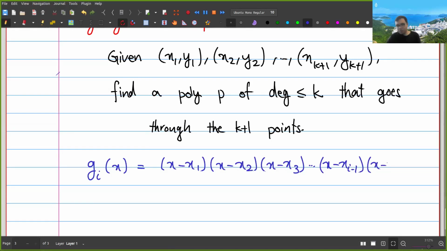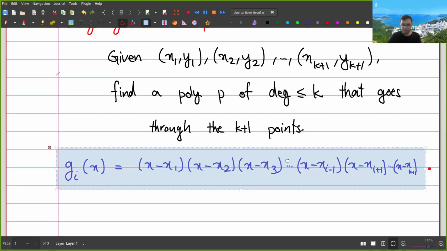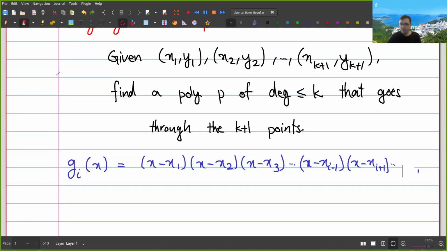I then jump to x minus xi plus 1, and all the way until x minus xk plus 1.